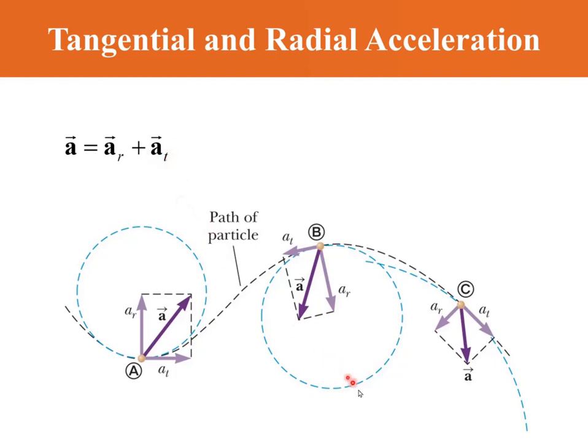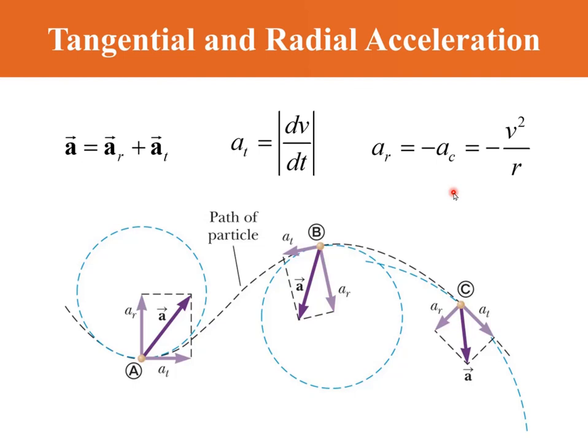The tangential acceleration is equal to dv/dt, and our radial acceleration, the centripetal acceleration, is defined as v squared over r.